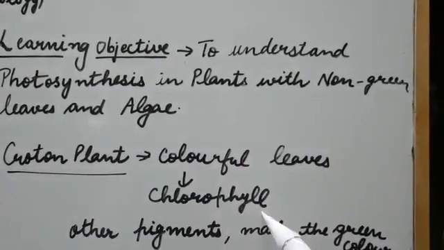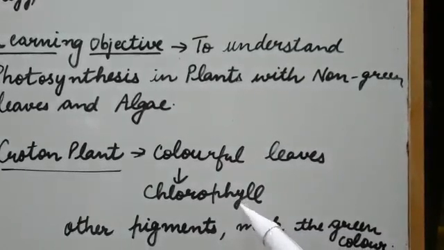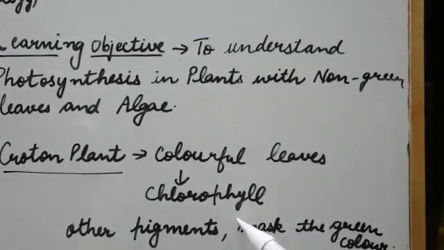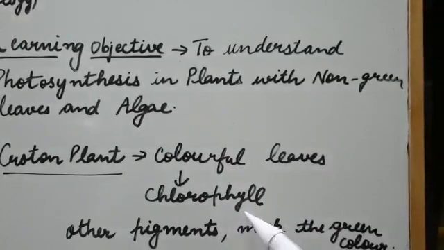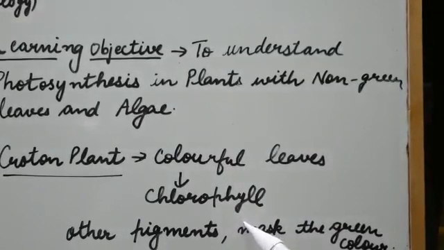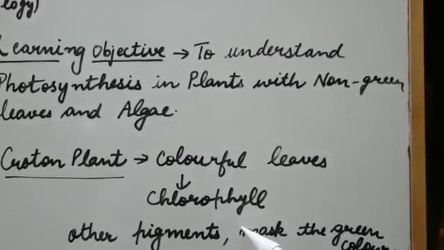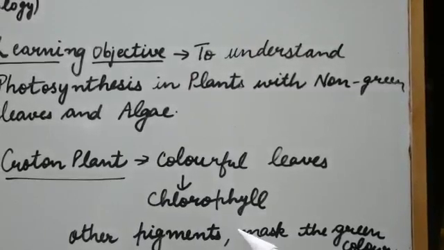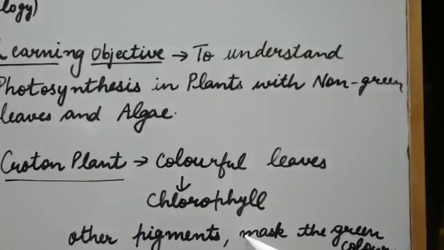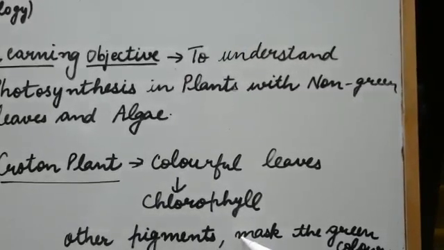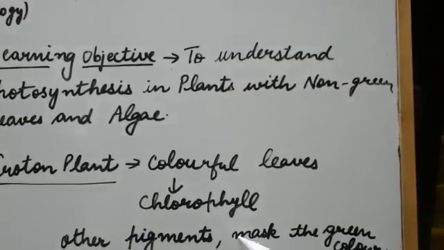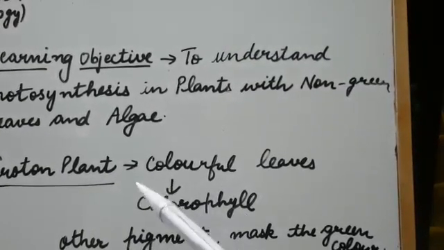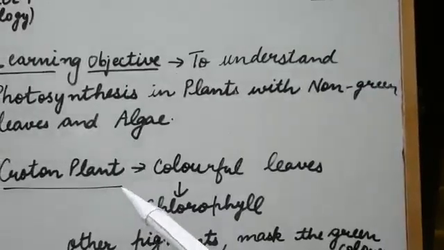Like in green leaves we said chlorophyll is a green pigment, but in such leaves, the other red, brown or other colored pigments mask the green color, because of which we are not able to see the green color. The complete process of photosynthesis takes place in these leaves also, means in the croton plant also.